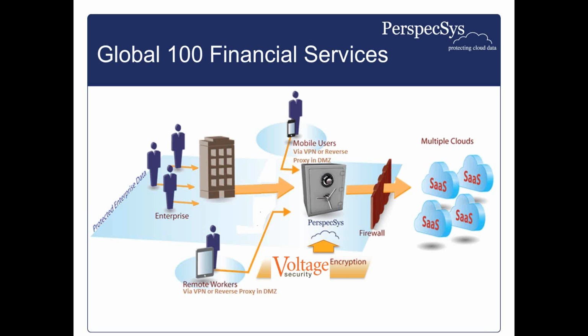All the communication to the cloud is intercepted by the PerspecSys solution behind the scenes, unbeknownst to the end user. And the policy that's been described by the IT and security organization is enforced in the gateway so that any sensitive data is protected before it leaves the organization's control.